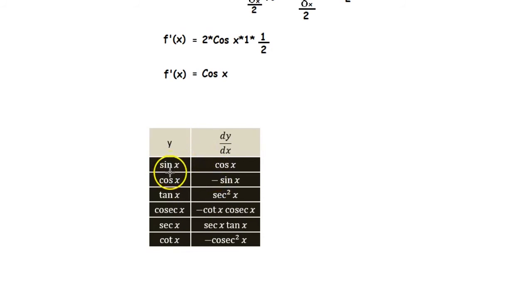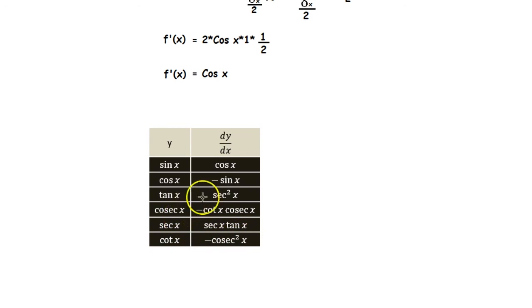The derivative of cos x is minus sin x. The derivative of tan x is sec squared x. The derivative of cosec x is minus cot x into cosec x. The derivative of sec x is sec x tan x. The derivative of cot x is minus cosec squared x.